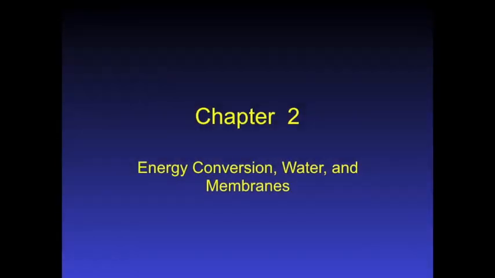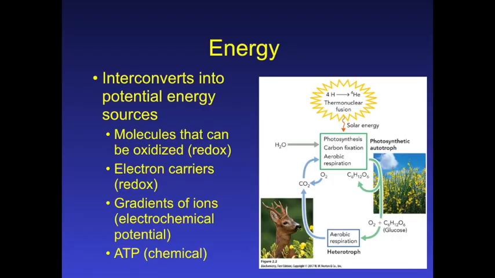All right, chapter 2. Do a little bit more GChem-2, and then we'll talk about water and membranes. What's important as we go through metabolism is that everything's driven by energy. All of the reactions in our body have to either derive energy from someplace or convert energy.